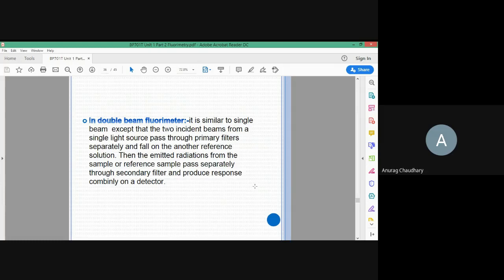So in a double beam fluorimeter, the radiation emitted by the light source is converted into two beams. One beam passes through the sample, one beam passes through the reference, and finally both beams are measured by the detector, and the difference in intensity of both beams is measured by the detector.